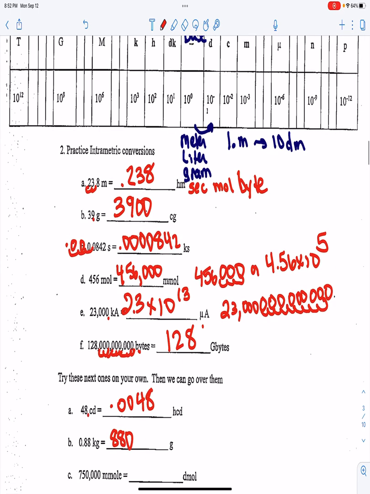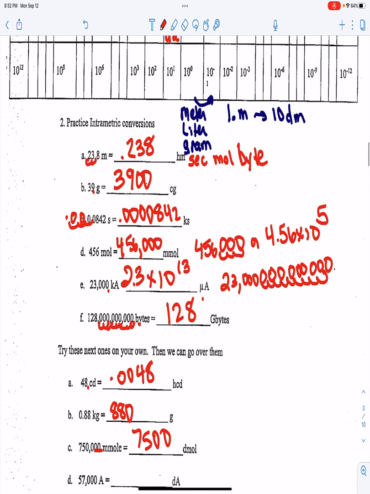And then a millimole, that's a milli, and we're going to move to a deci. A deci is 2 over to the left. So it's going to go 1, 2. So it's going to be 7,500 decimoles.